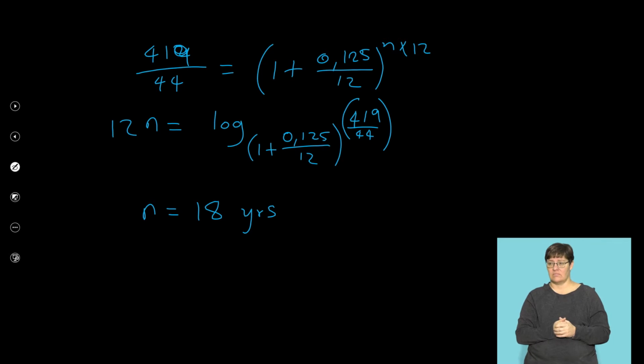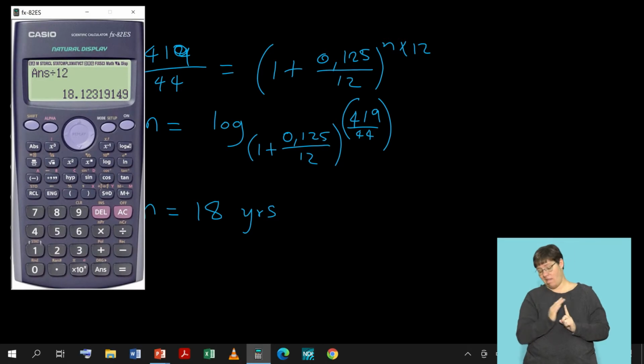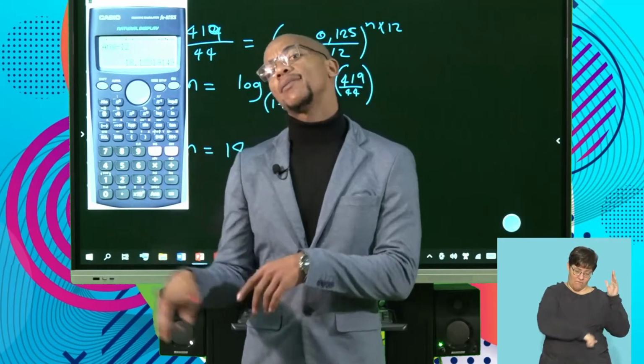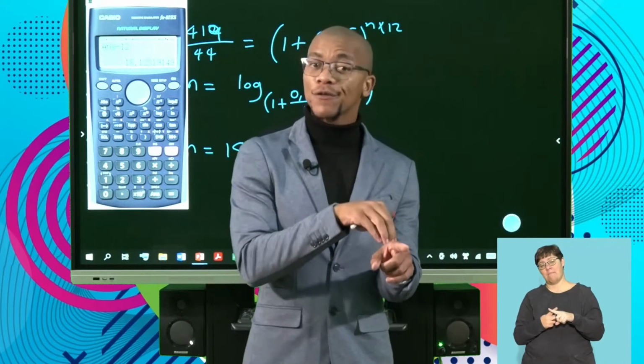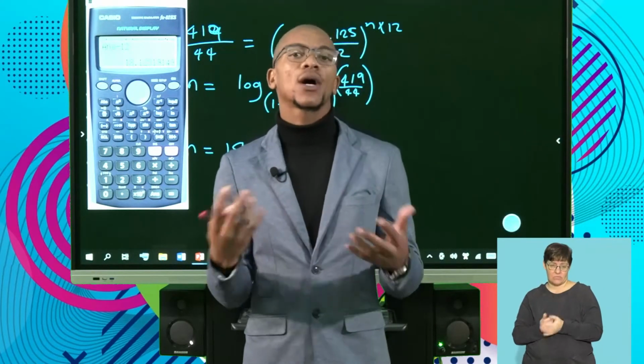Now, whatever I have after the comma here just has to do with how many months. If they had said to us, we want this as years and months, then you would subtract 18 from that number and multiply whatever you are left with by 12 in order to get how many months there are.